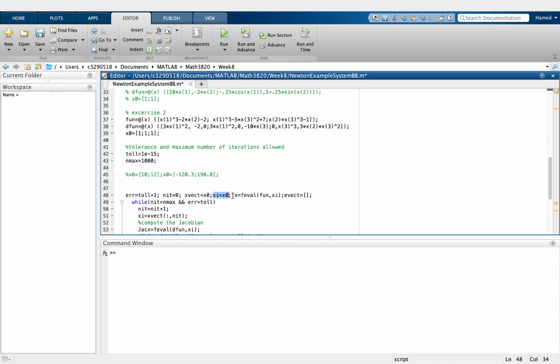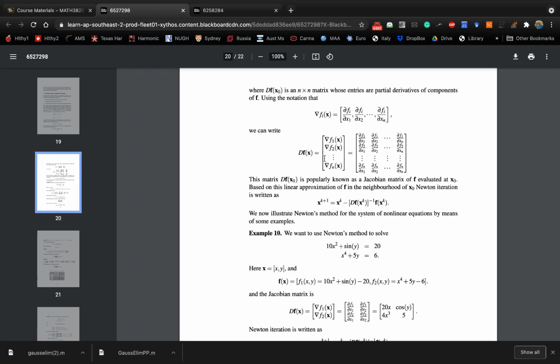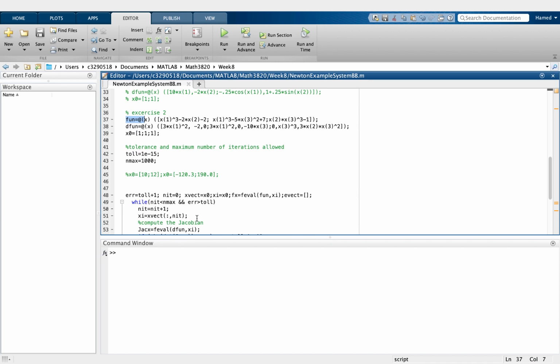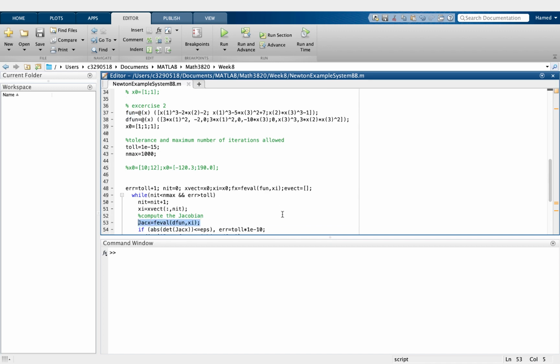Now we set fx to be the value of the original function at the point xi, which is x0, the initial value. I mean f of xk. And for the derivative matrix, we define it here and name it jax.